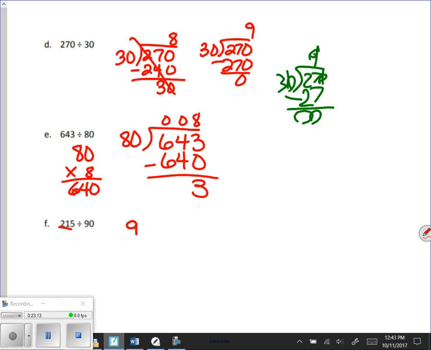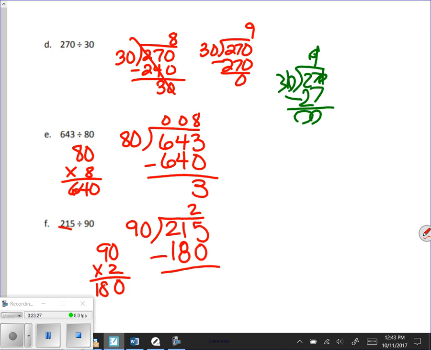So 90 times 2 would be 180. That's 5 for 35. And again, like we had with one of our other problems, 35 is a really big remainder and might freak you out.